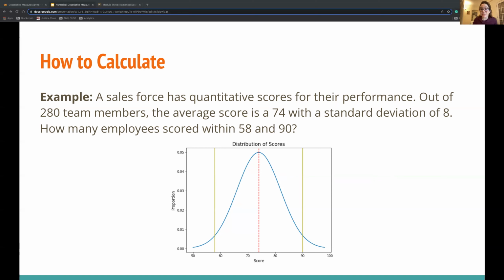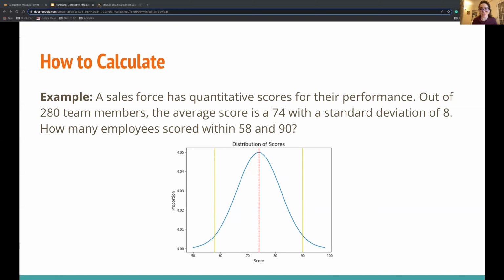So first, let's think about where 58 and 90 fall relative to the mean. We see plotted here is the mean in red with 58 and 90 in yellow. So let's subtract 8, which was our standard deviation, from 74, which is our mean, which is 66. And that would be just one standard deviation, since we only subtracted 8.